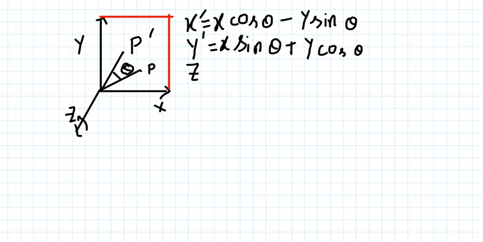Z dash will be equal to z. At last you have to append 1 equals 1 for the homogeneous coordinate system purpose and convert everything into a single equation.